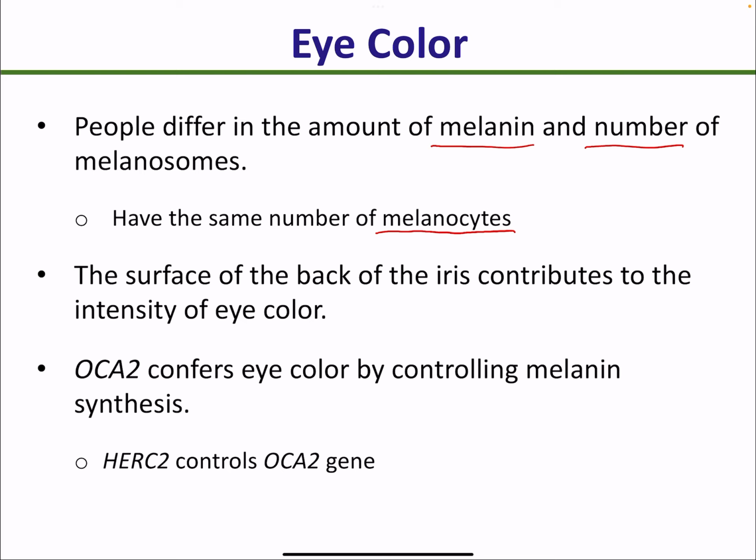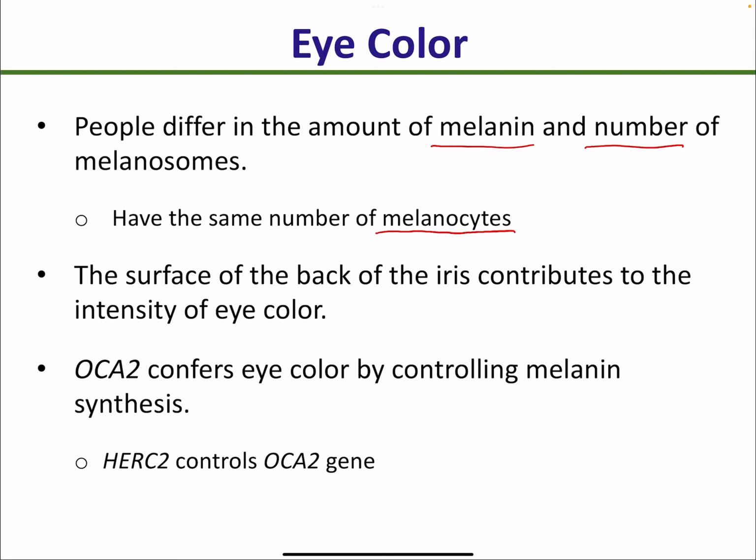So the question really is, why do we have different amounts of melanin and different amounts of melanosomes? Everything depends on the level of expression of melanin, and your genetic history as well plays a very important role there, right?